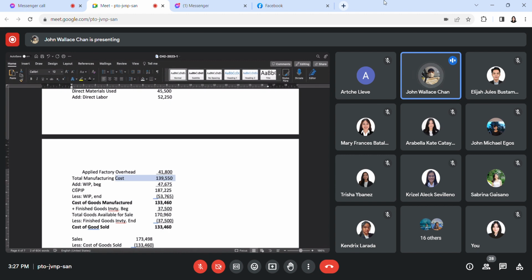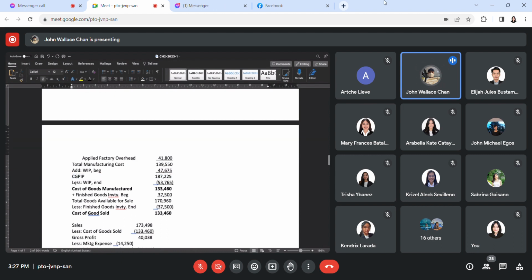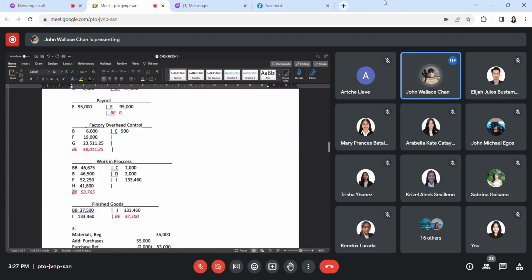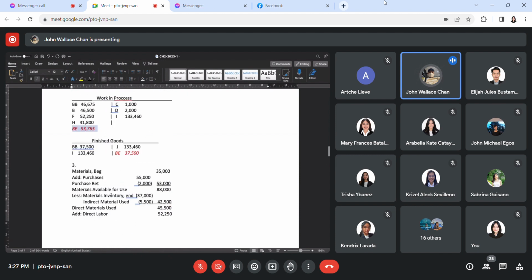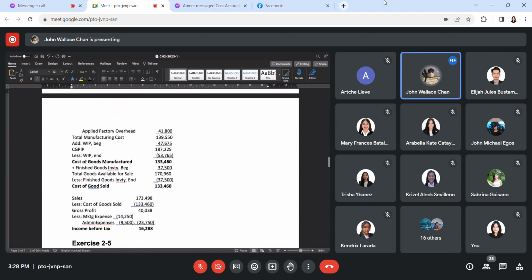Once adding that, we get the cost of goods put into process, which amounts to 187,225 pesos. Then we subtract our WIP end, which we got from our T accounts earlier, which amounts to 53,765, which gives us our cost of goods manufactured, which is 133,460 pesos.